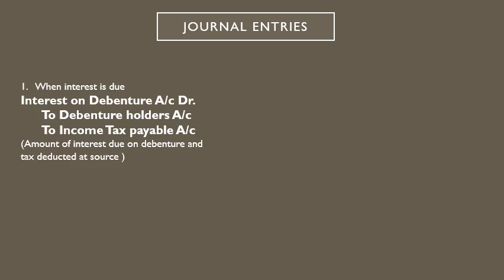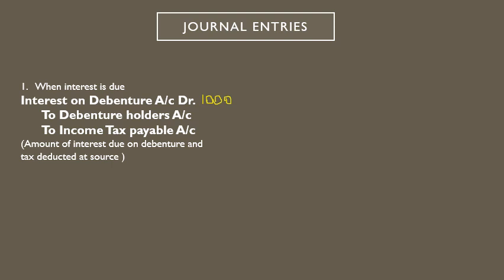Let's move on to the accounting treatment of interest on debentures. When the interest is due, as you know, half yearly or annually, the interest will become due. So whenever the interest is due, our journal entry will be: interest on debenture account debit, the actual amount of interest, say it is 1,000 rupees, to debenture holders, to tax payable.